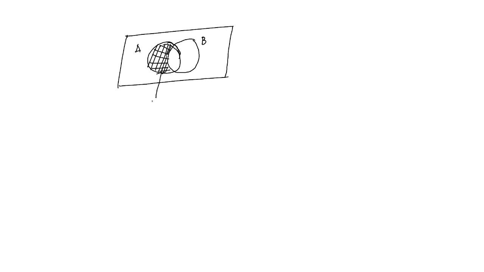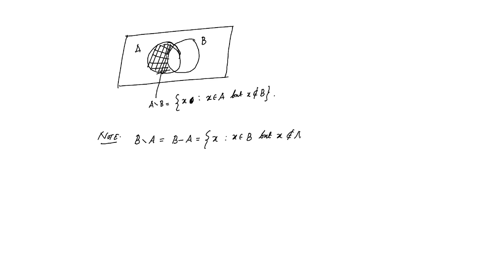So this part is basically called A minus B. That means all those x such that x belongs to A but x does not belong to B. Similarly, we can say the difference of B from A will be B minus A. That means all those x such that x belongs to B but x does not belong to A.